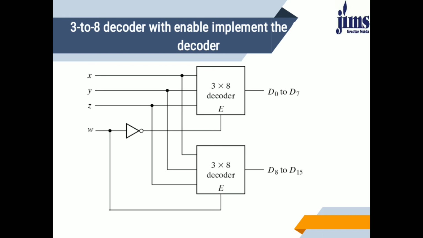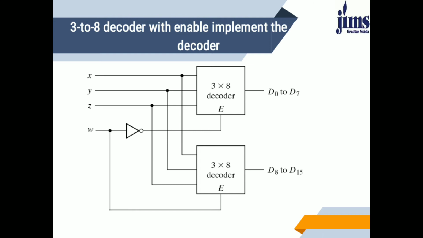Now if we want to make a 3 into 8 decoder with enable input, then from 3 into 8 decoders a 4 into 16 decoder can be prepared. For this, we need to connect two 3x8 decoders in cascade. Here the X lines, Y lines and Z lines of both decoders have to be tied together, and another line, which is the selection line, will work as the fourth input, to which we can connect a NOT gate to complement.